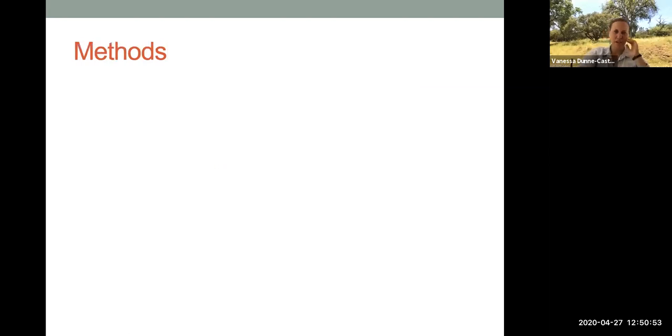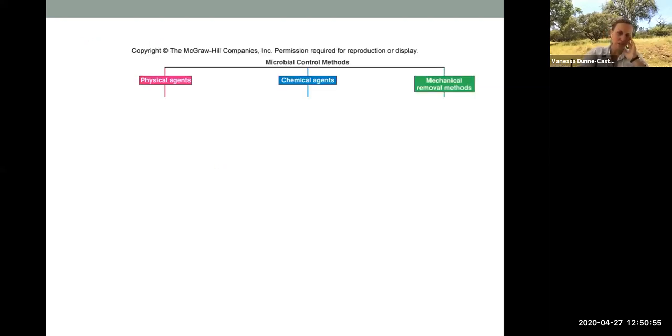So this is a chart. I like this one. I think that you guys should, as best as you can, memorize this or be able to apply it. So these are the three different levels of control for microorganisms outside the human body. You can use either physical agents, chemical agents or mechanical removal methods to eliminate microorganisms, either by killing them or inactivating them or physically removing them.